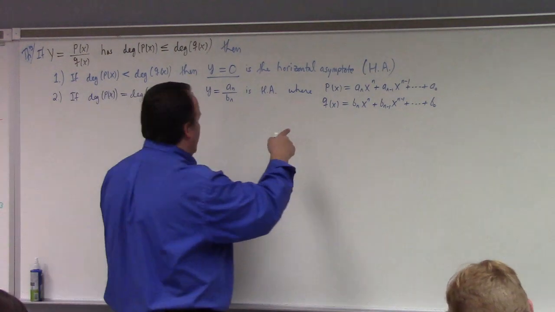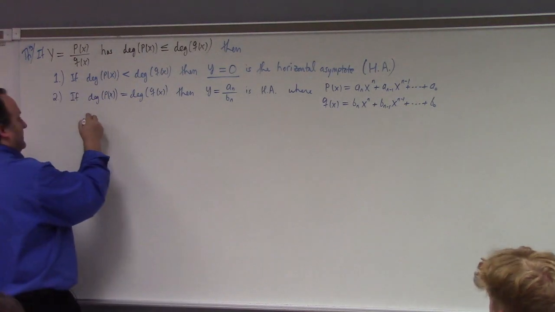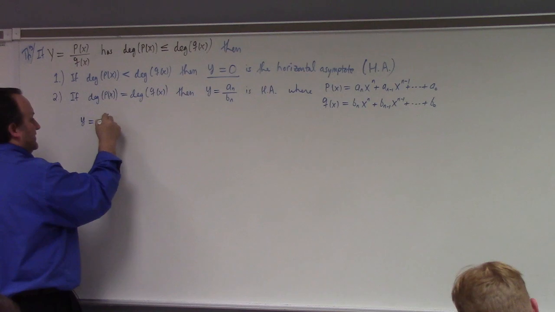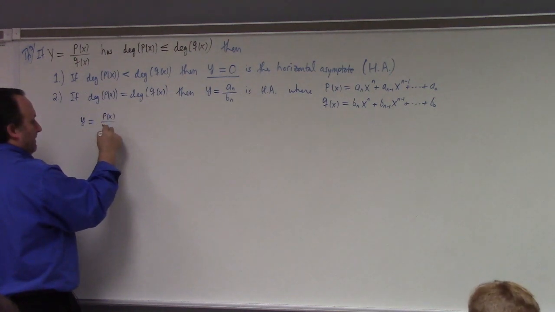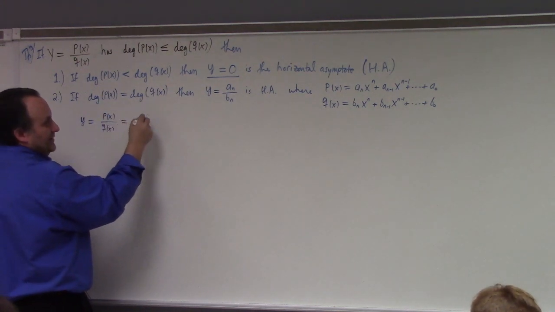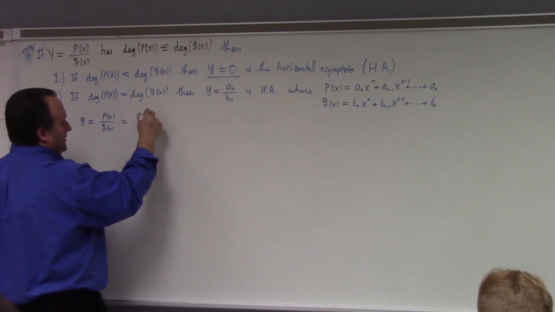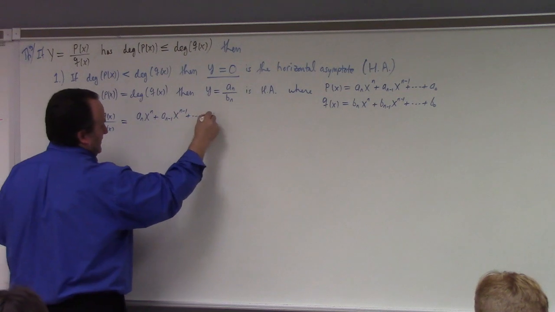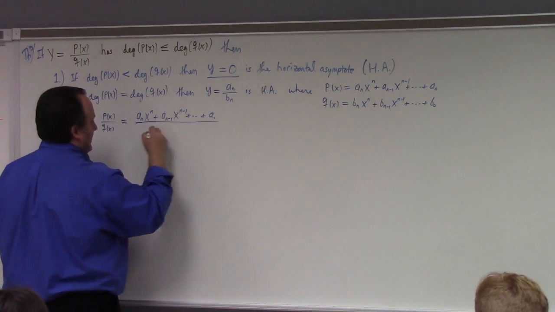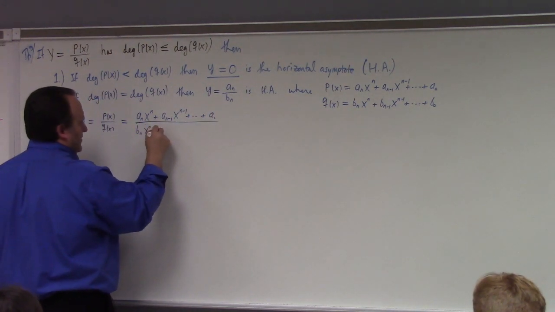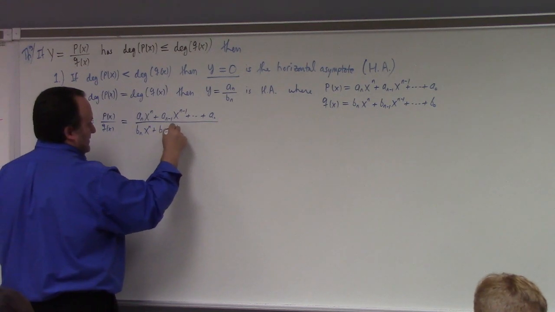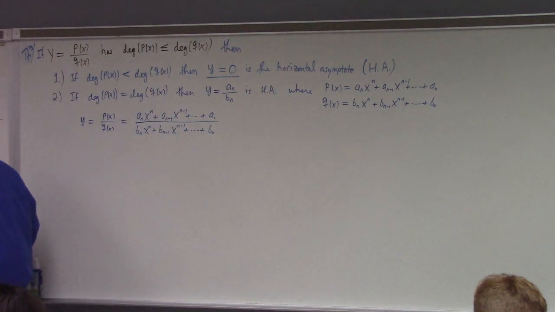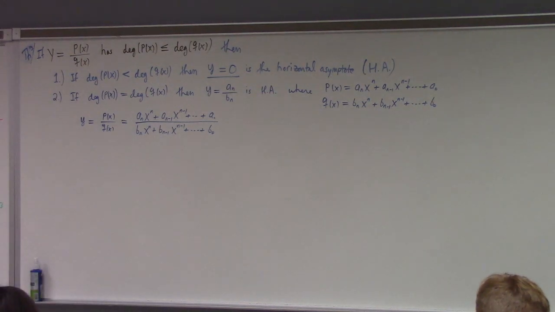And you can see here what happens. Let's look at it for a second. If we've got y equal to p of x over q of x, we've got a_n x to the n plus a_(n-1) x to the n minus 1 and so on, plus a0, divided by b_n x to the n plus b_(n-1) x to the n minus 1 and so on, plus b0. So that's the formula for my function.